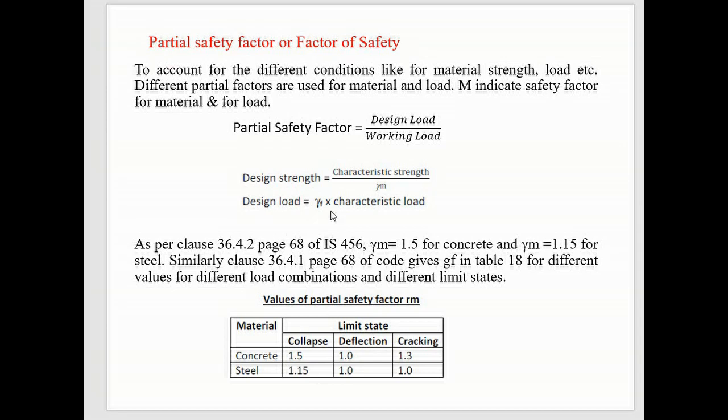And the formula is partial safety factor is design load by working load, and design strength is given by characteristic strength by partial safety factor, and design load is equal to gamma f into characteristic load. This is about the factor of safety.